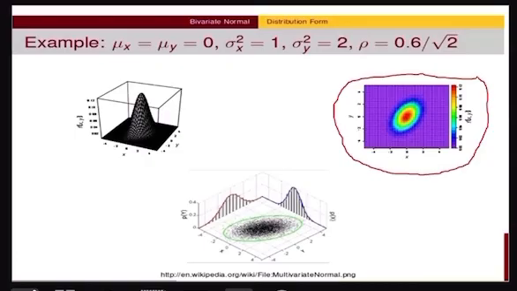Now, let me tell you this, the warmer color, when I say warmer color, I mean red and yellow, indicates the region with high probability density. I'm going to say that again. The red and yellow, that is the warmer color, actually indicates the region with high density, high probability density.